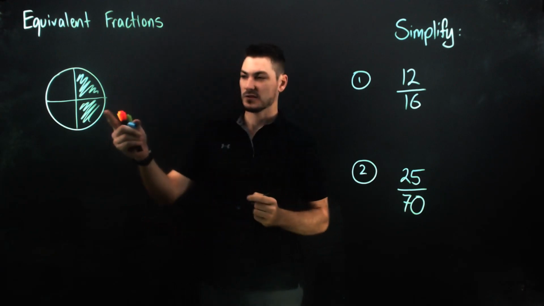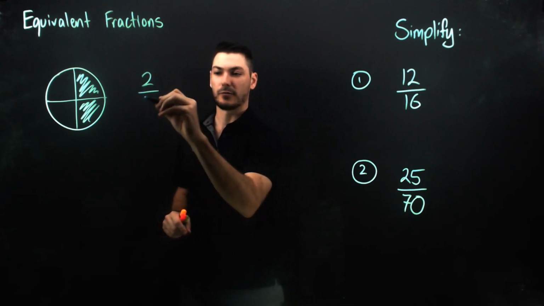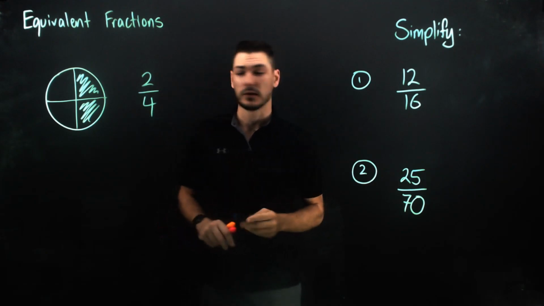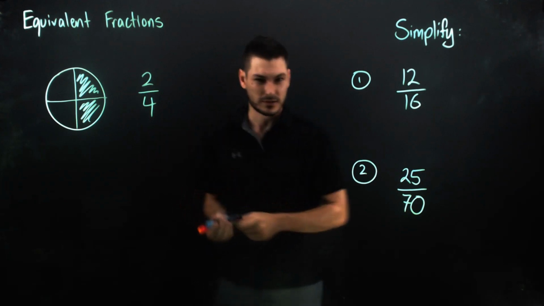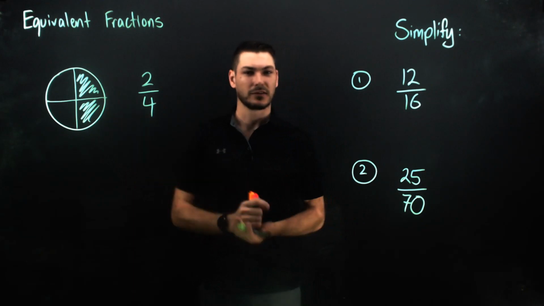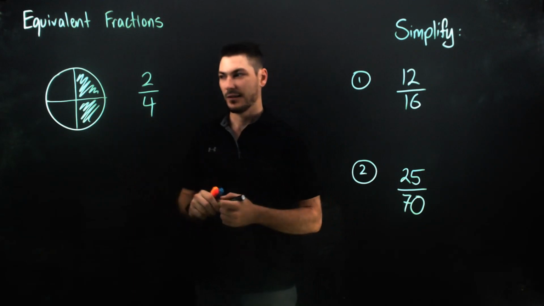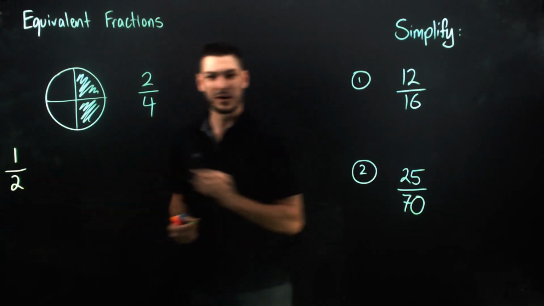And if I look at this pizza and I create a fraction for this, I get 2 out of a possible 4 slices of pizza. So I get 2/4. If you want, and you're probably switched on enough to think about this, how much of the pizza is that? We know that that much of the pizza is 1/2 of the pizza.